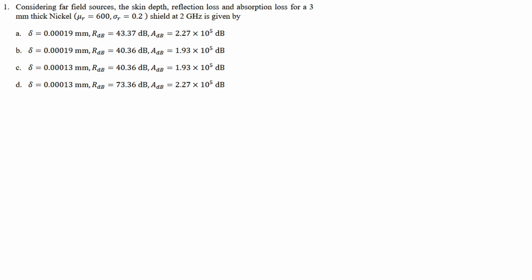Considering far field sources, the skin depth, reflection loss and absorption loss for a 3 millimeter thick nickel whose permeability and relative conductivity is given. Here relative conductivity is with respect to copper.